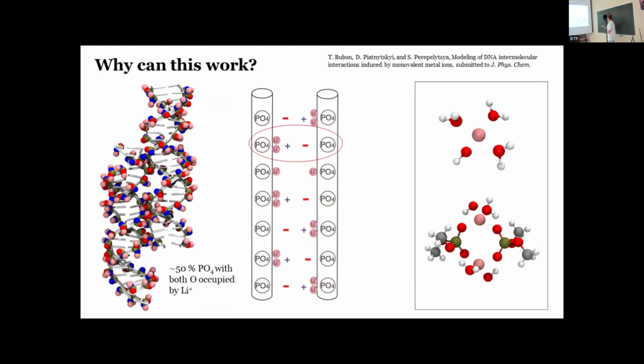So both of these factors, the strong binding of the lithium ion to DNA with partial charge neutralization, and also the formation of ion-mediated stable phosphate-phosphate interactions where the hydration of lithium ions is involved, all contribute to the possible DNA association.